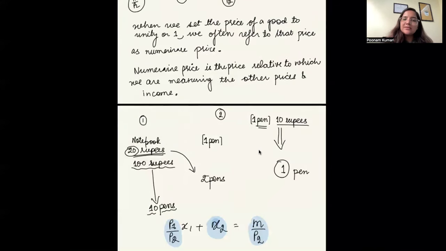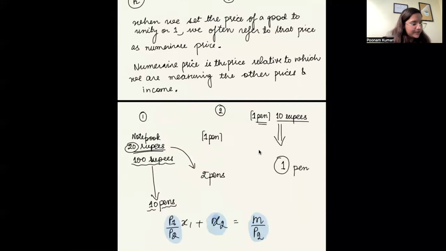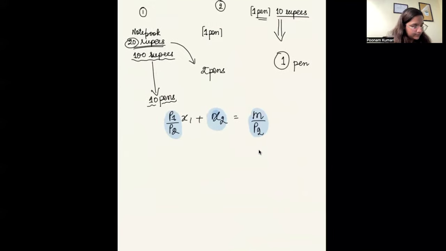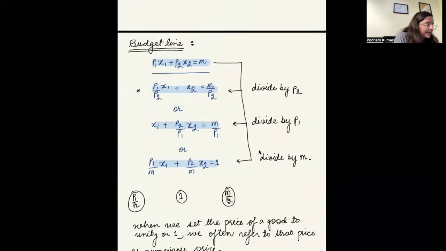So the numerator price is basically when you set the price of any good as 1, and it is the price relative to which we are measuring the other prices and income. Fine? So this is the main funda. Is that okay, guys? All good? Chalo, very nice.